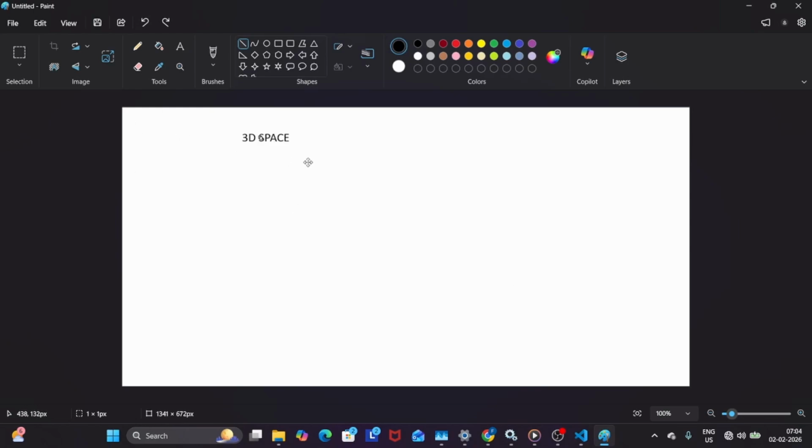For example, if a cube length is 8, how will we draw it? If the cube length is 8, I'm going to take a line from here and from here. This is our cube length.